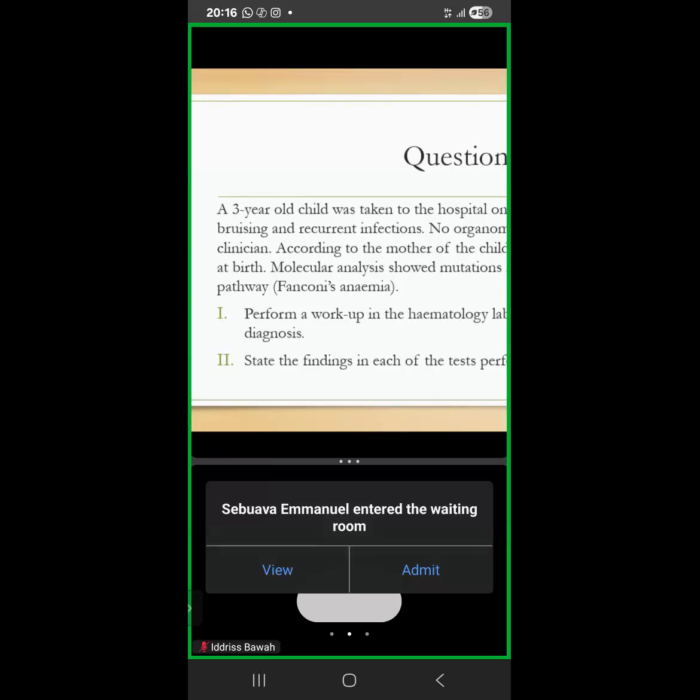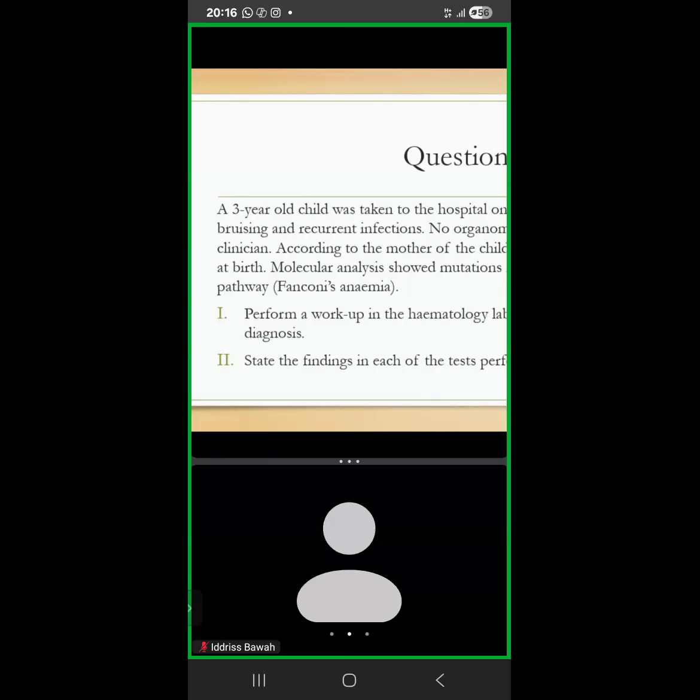And from the little genetics that we know, that pathway is involved with DNA repair. So if there are mutations there, then DNA repair becomes a problem, and that problem is evidenced as bone marrow failure in the individual.